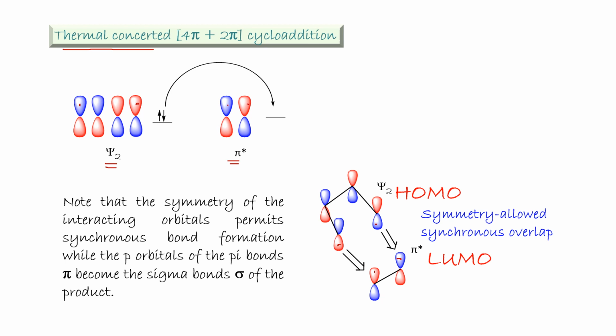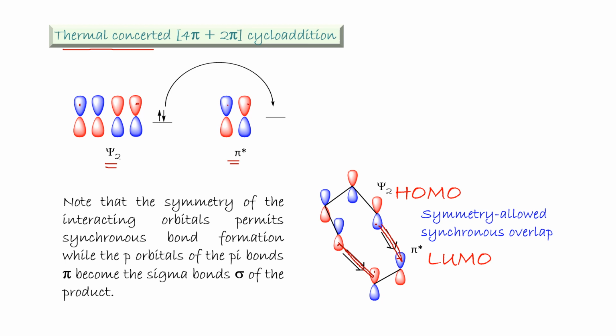If we put the diene up and the dienophile beneath, then the orbitals will have symmetry allowed interaction, blue with blue, red with red, right? And we call that symmetry allowed synchronous overlap.